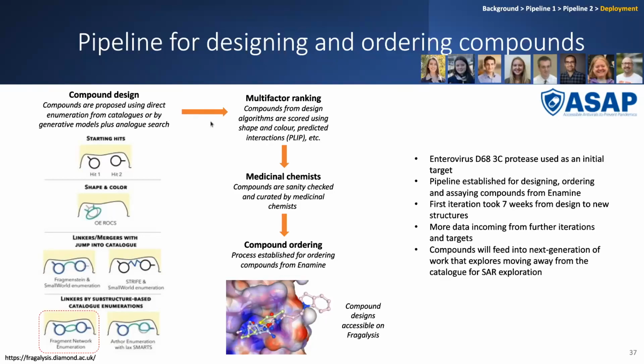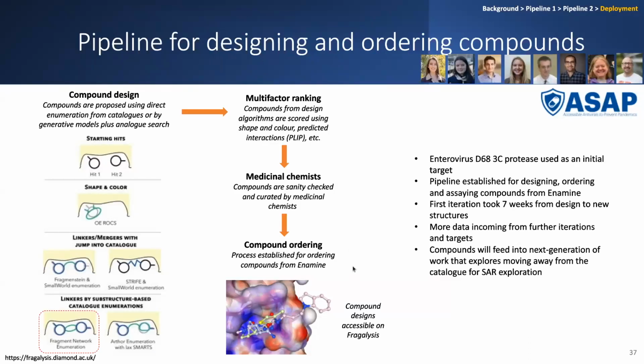The compounds from these methods are then subjected to multi-factor ranking using things like shape and color scores, which look at the pharmacophoric and shape overlap with the parent fragments, looking at the types of interactions that are being made, looking at the RMSD, and using these to whittle down the list to a short list of compounds that can then be passed to medicinal chemists, who are then able to sanity check and curate this into a purchase list.